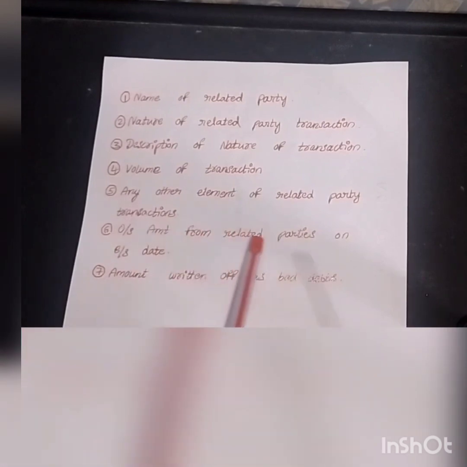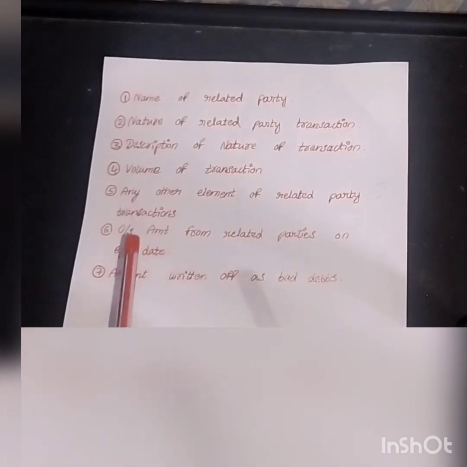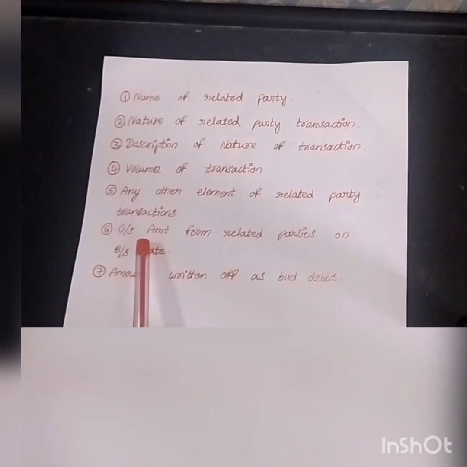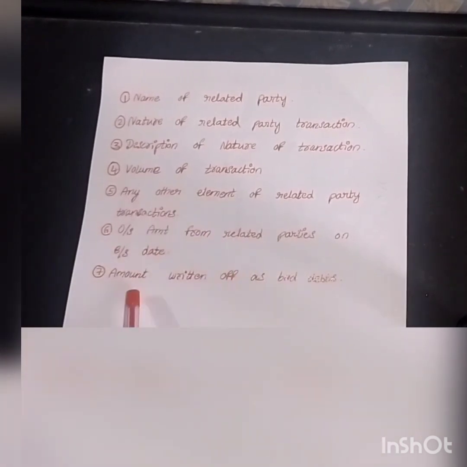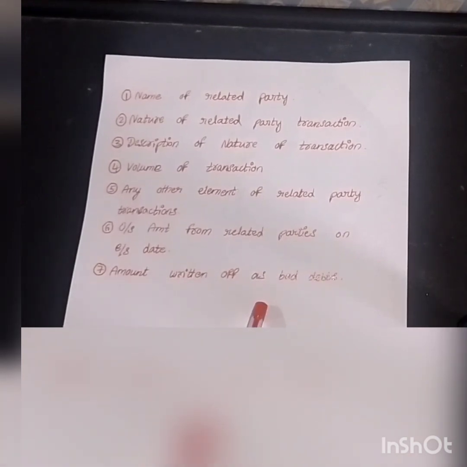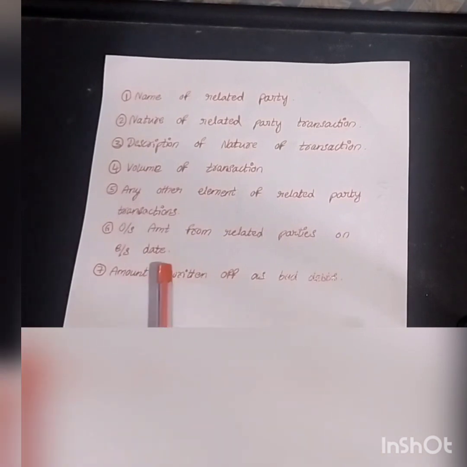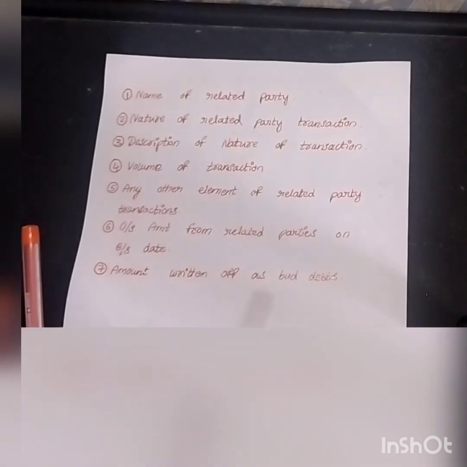Outstanding amount from the related party on the balance sheet date: if there is any outstanding amount regarding the related party, that should also be disclosed. Amount written off as bad debts should also be disclosed. Got it? So these are all the 7 points that are required to be disclosed.